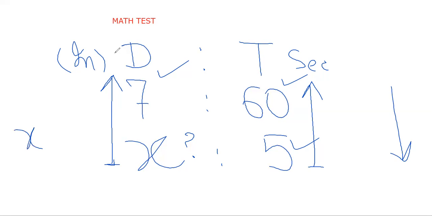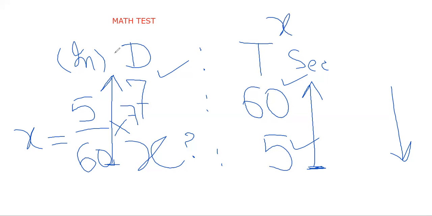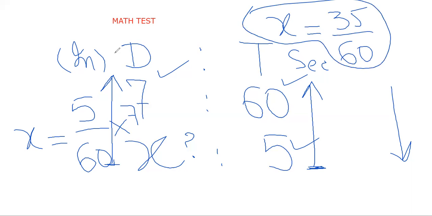X is equal to, starting from the arrow's initial point, the tail, over the head, and times the other one, this 7. So we'll get the answer within a second. So x is equal to 7 times 5, which is 35, over 60. Am I right? You can solve this and you will get the answer. The calculator is allowed.